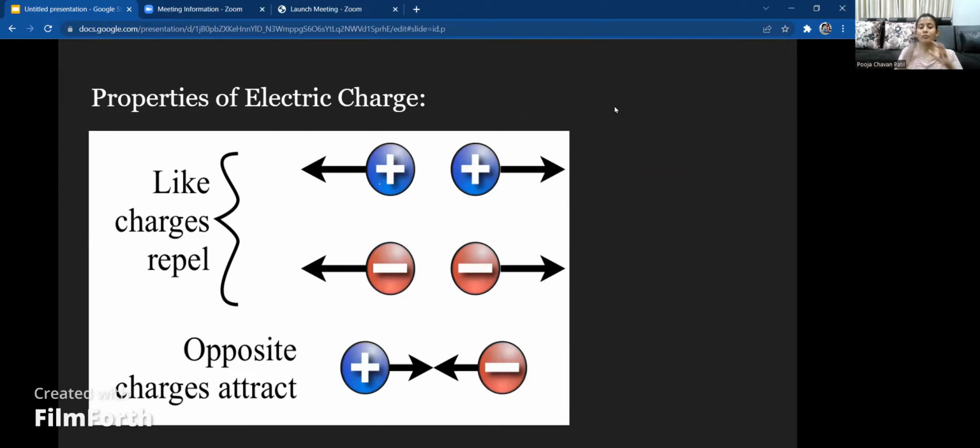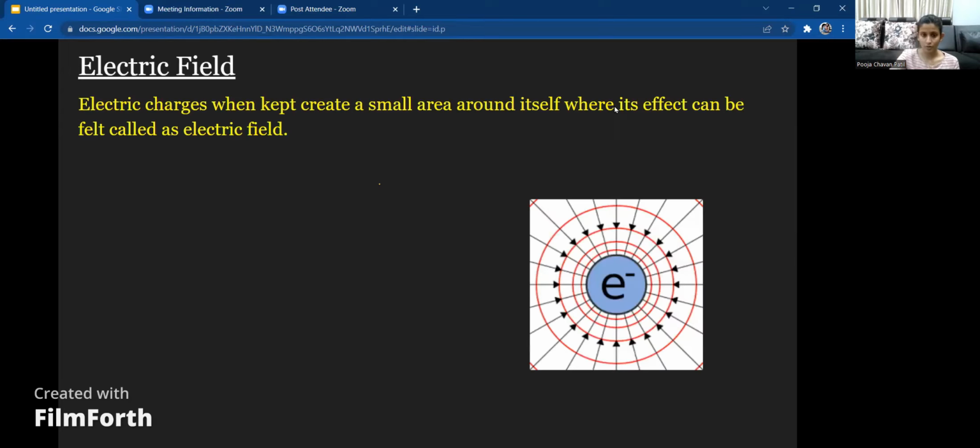Repel means that they go far from each other, whereas opposite charges attract each other. If we bring one positive charge and one negative charge close to each other, they try to come closer. If we bring two negative charges, meaning like charges, closer, they do not come closer, they go far from each other. These are the two properties of electric charges.